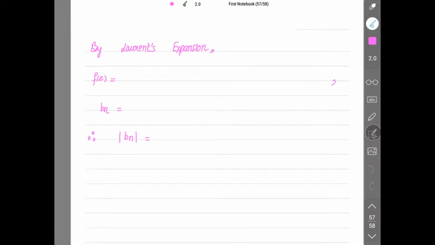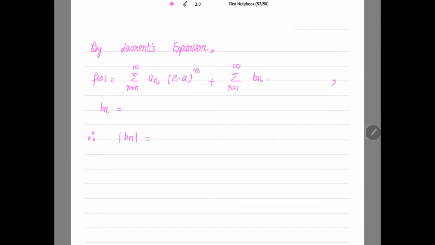Now what is the Laurent expansion? By the Laurent expansion, we have f(z) equal to the sum of a_n (z minus a)^n, plus the principal part, with n from 1 to infinity, b_n (z minus a)^(-n).